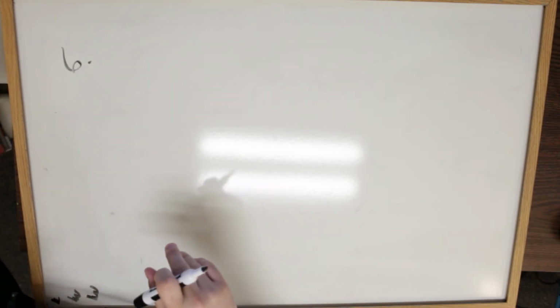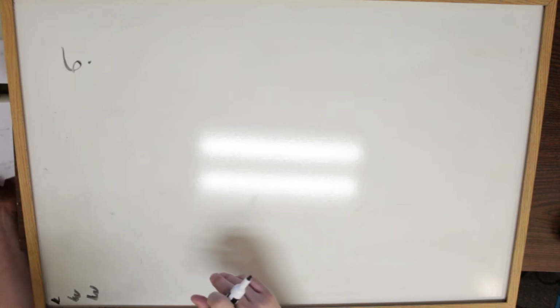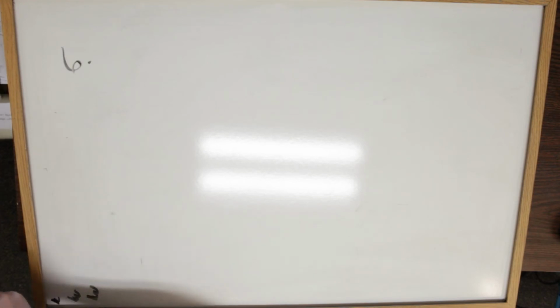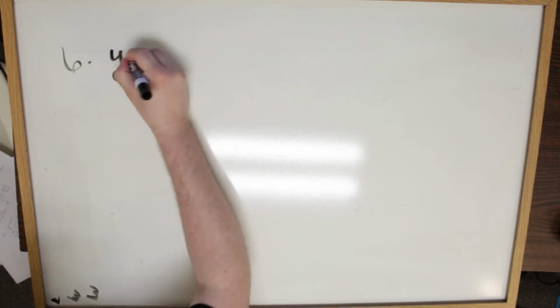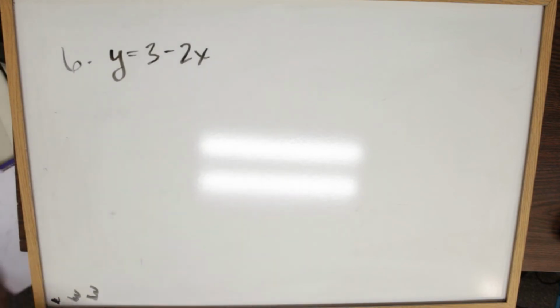Section 2.3, question 6. We need to find the slope and y-intercept of this function, and the function is y equals 3 minus 2x. I'll open my book to that section to make sure I'm reading the instructions correctly.